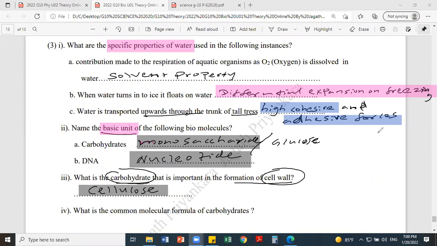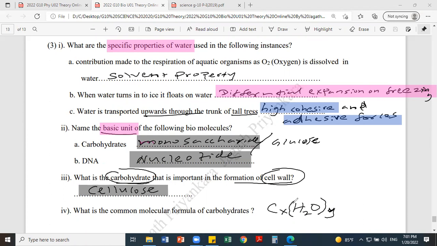CxH2Oy. Yes, very good. CxH2Oy. I have given this in the theory as well, and it's there in the textbook also. When you put y, we have to put brackets for water because y belongs to both hydrogen and oxygen. X and y can take different numbers, right?